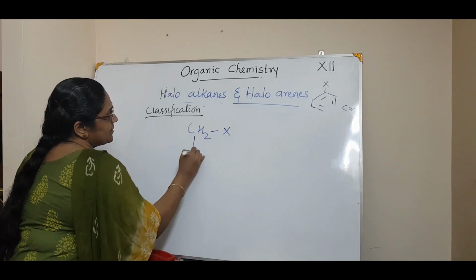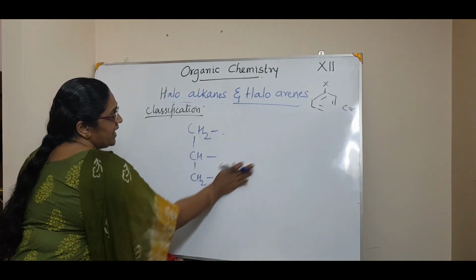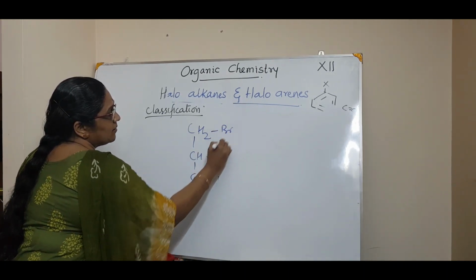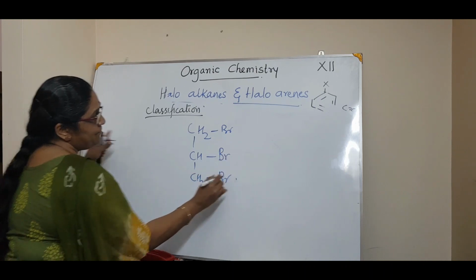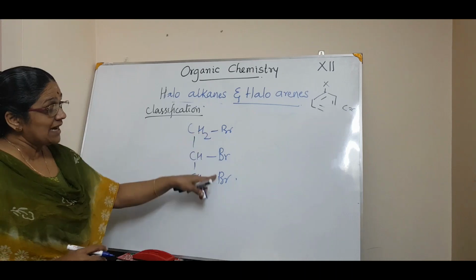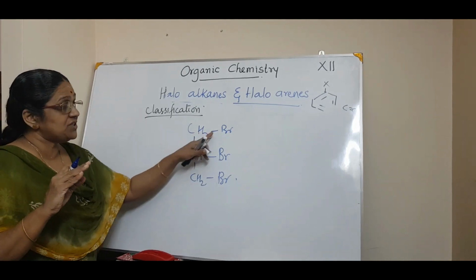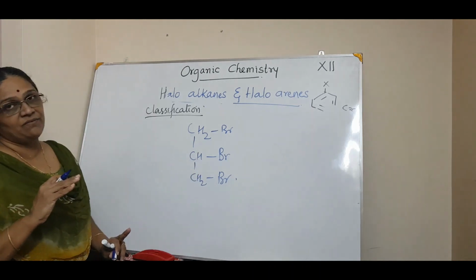For example, CH2X, CHX, CH2X. If X is bromine, it is CH2Br, CHBr, CH2Br. There are 3 halogen atoms, so this classification is a trihalogen derivative.